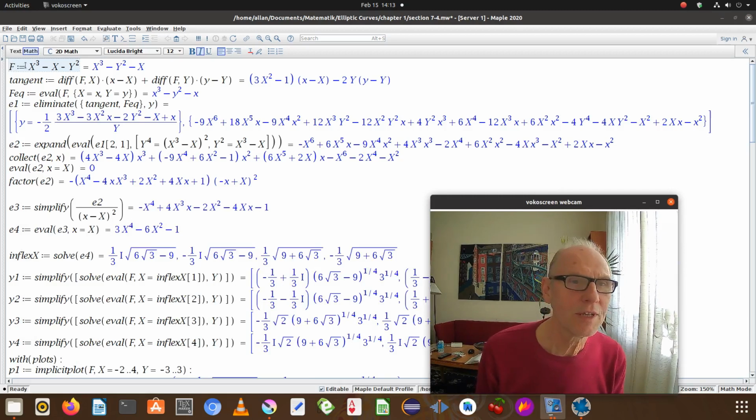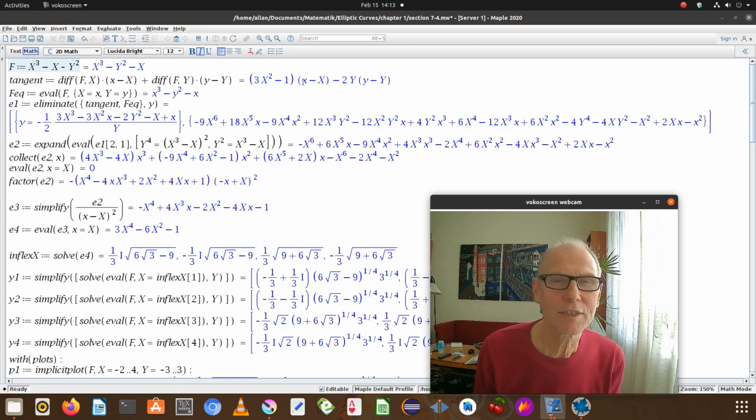First we define the polynomial, then we write up the equation of a tangent at capital X, capital Y. So we have a point capital X, capital Y on the curve, and this is the equation of the tangent, that this vanishes.